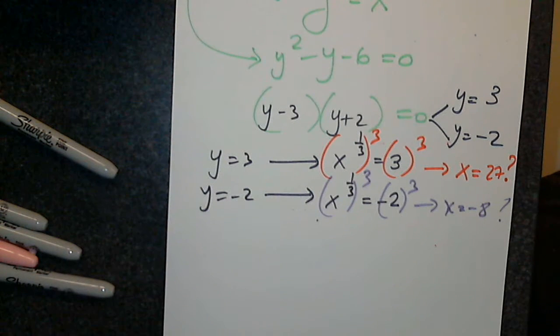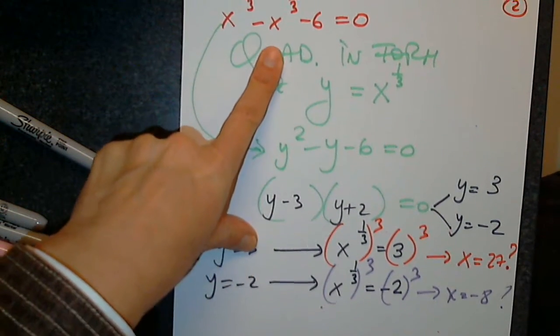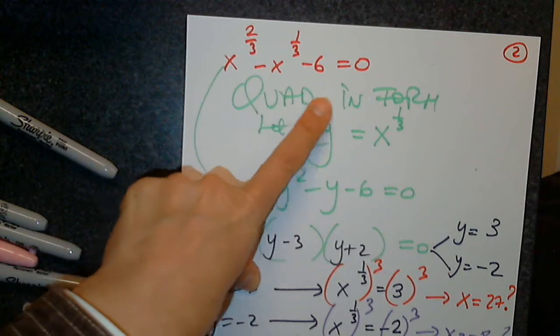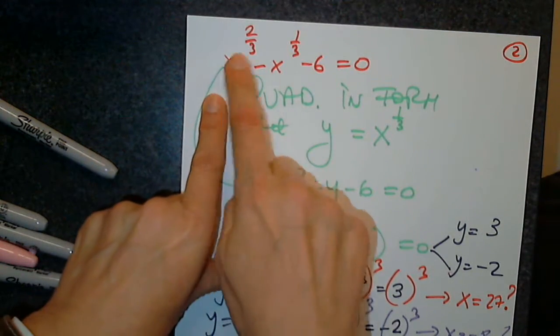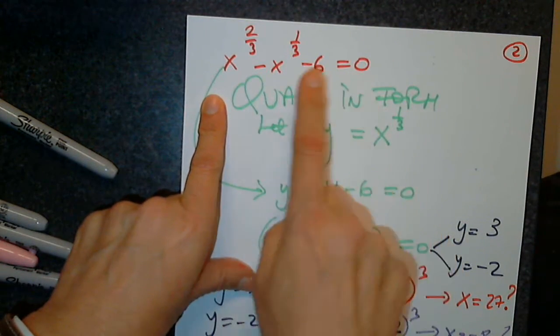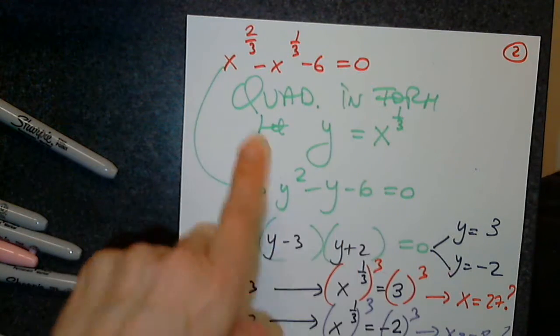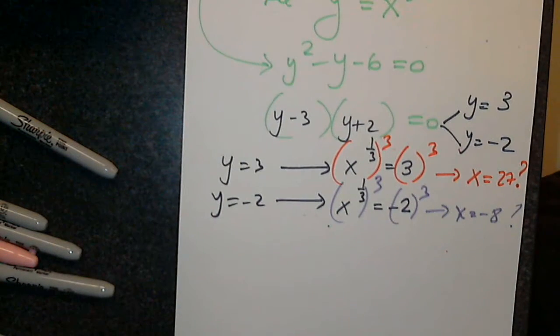That's it. So I checked both solutions, 27 and -8 work because I put them in the original problem. And the original problem was this. So when I plug in 27, I have to get 0. When I plug in -8, I have to get 0. Otherwise, what I found is wrong.